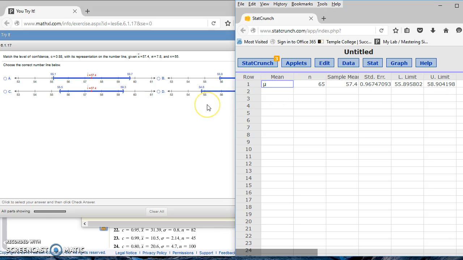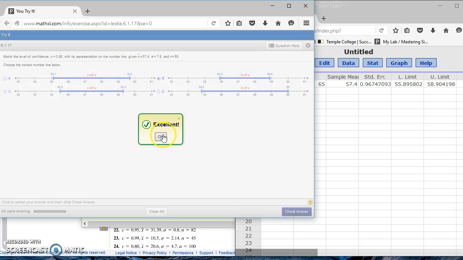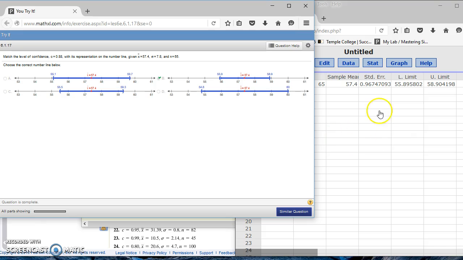So if we come over here and look at our options, we know it's going to run from 55.9 to 58.9, and our mean was 57.4. So this would be answer B. And I used the Z-Stats.